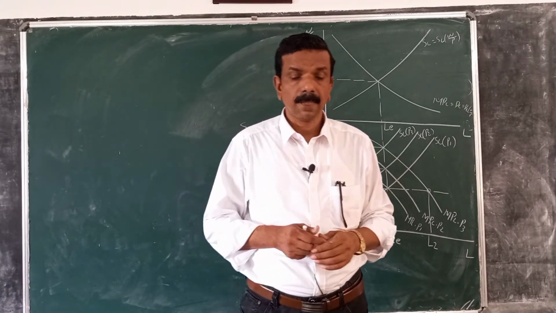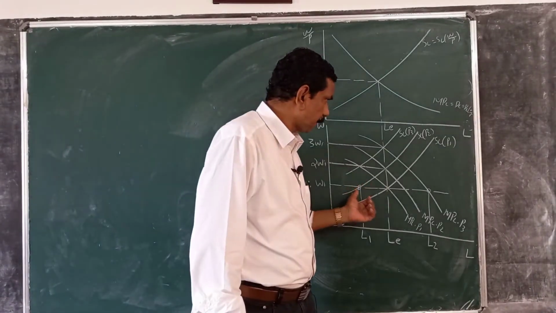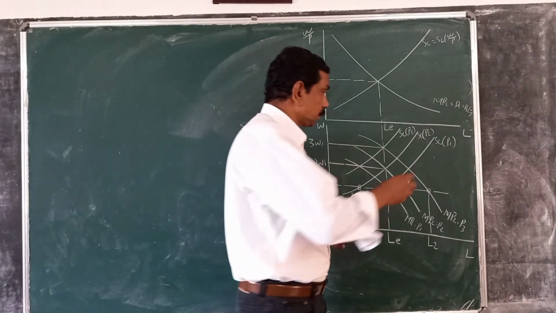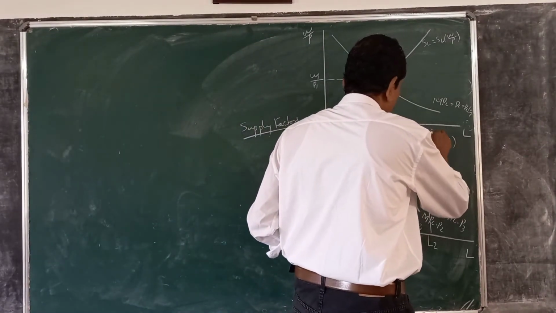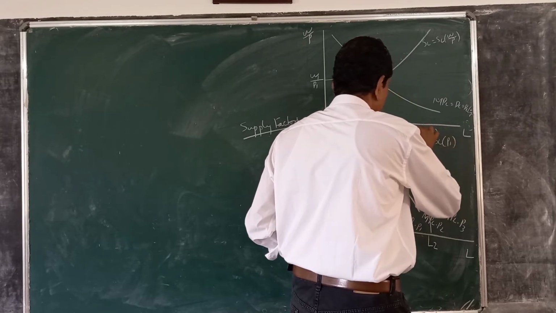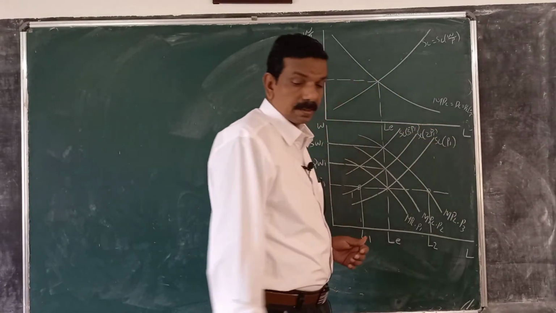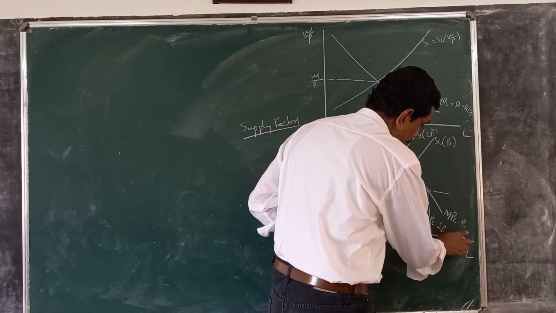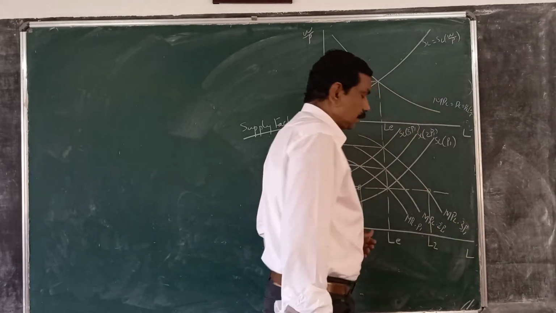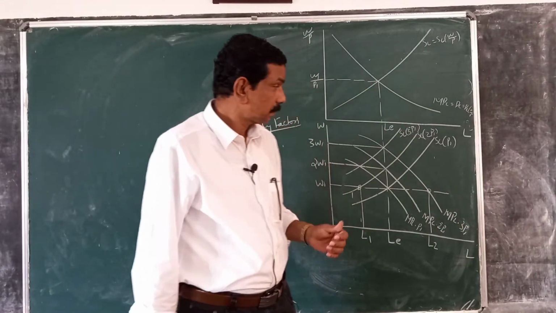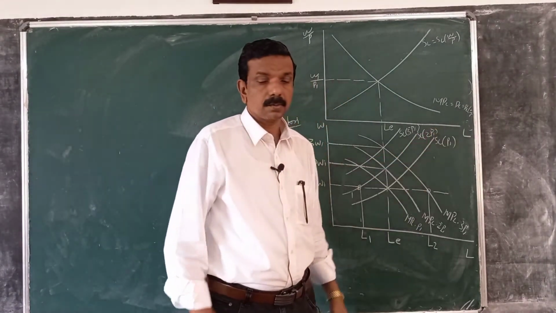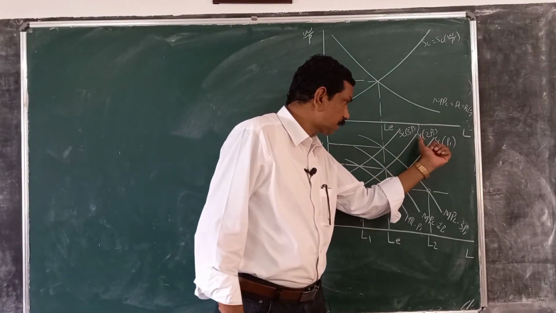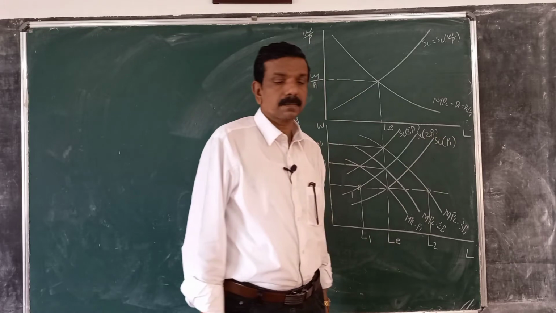labor is supplied. So if the price level is P1, 2P1, 3P1, like this. If the price level is given as 2P1, 2P1 means twice P1, the labor supply curve will shift towards the left as SL2P1.